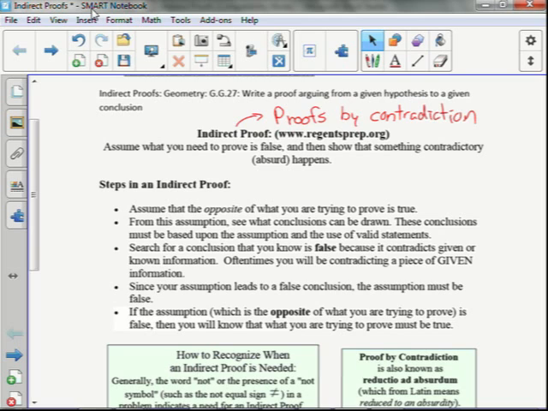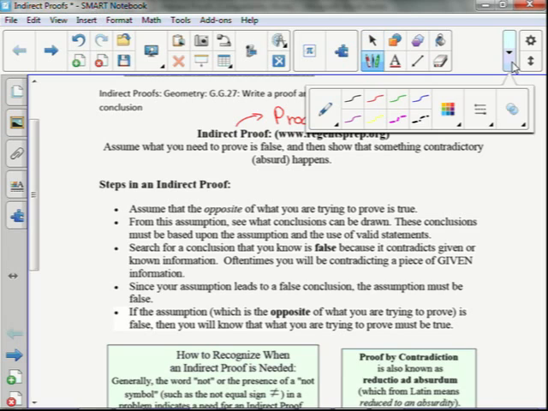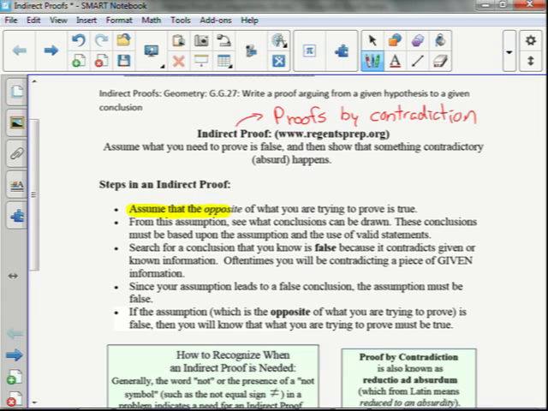The steps for that: assume the opposite, and this is a big thing. For number one, assume the opposite of what you are trying to prove is true.